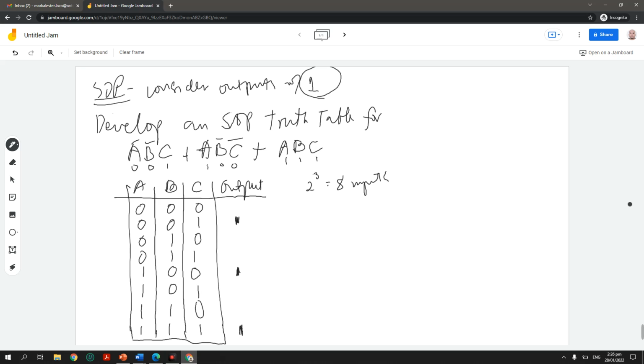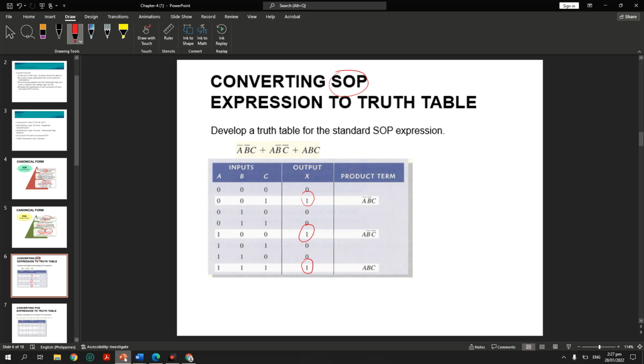All of the rest of the combinations will have the output of 0. So this is the truth table for this expression. We'll try to check with the example. So that is how we develop this truth table in the given example.